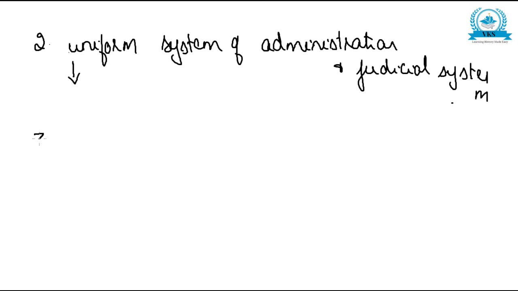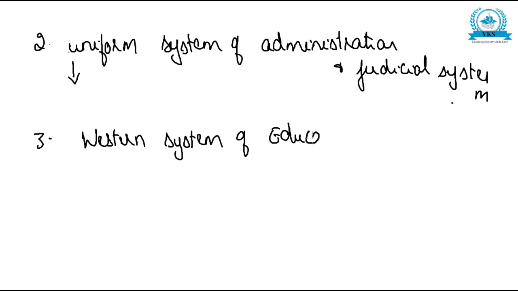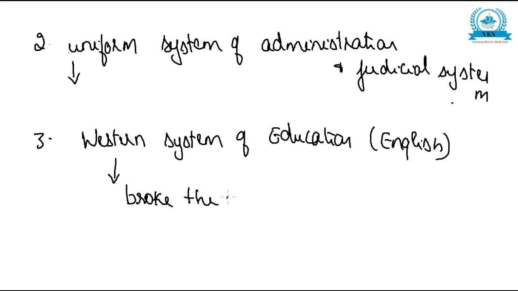Now the third reason for the growth of Indian nationalism was the Western system of education. The Western system of education, that is the English education, broke the monopoly of the traditional education system in India.